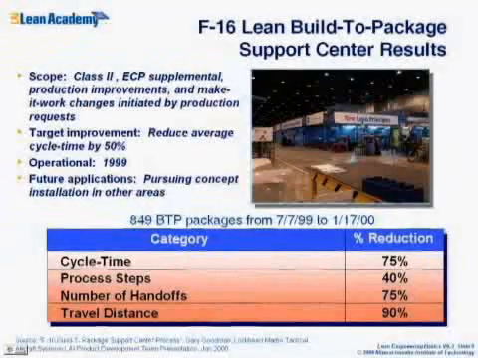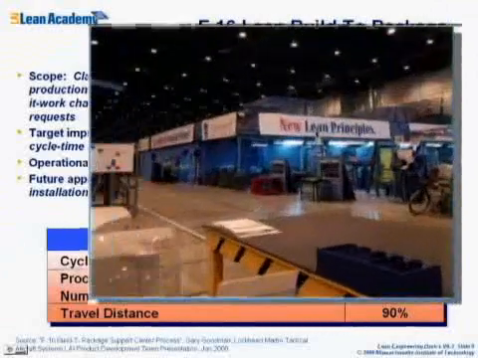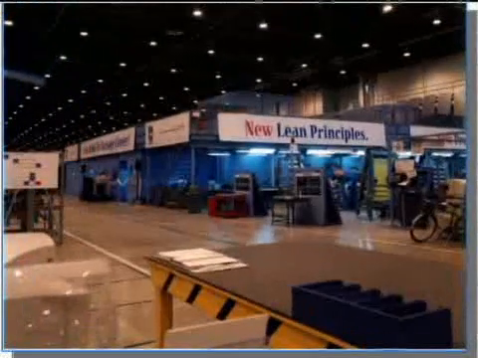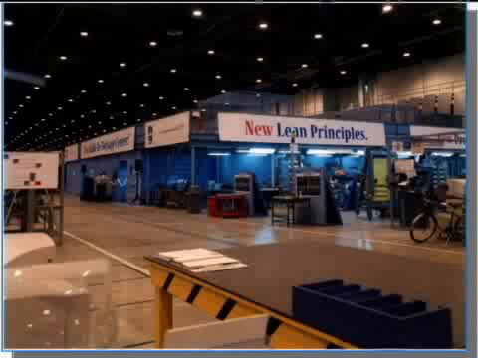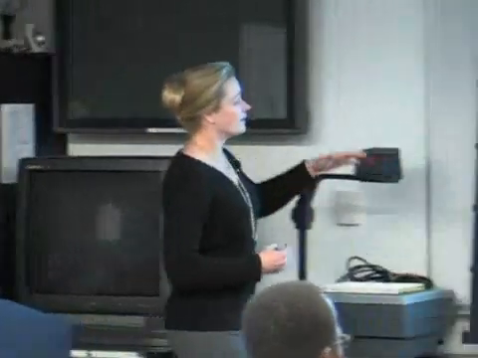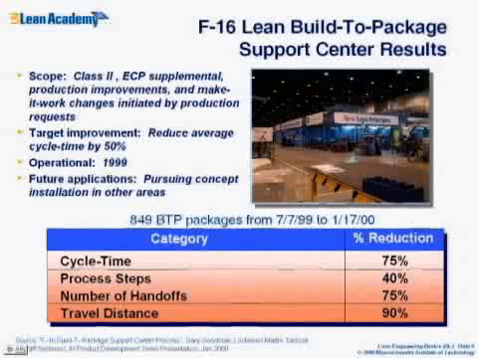And if you wanted some illustration of the results that can be achieved, we have that here in this slide. So this is actually a picture here of the build-to package support center that resulted from this value stream mapping activity. It's a facility that's down on the shop floor, so it's very close to the things that they're trying to change. They created these kinds of improvements in cycle time from getting a change request in to having implemented that, 75% reduction of cycle time.